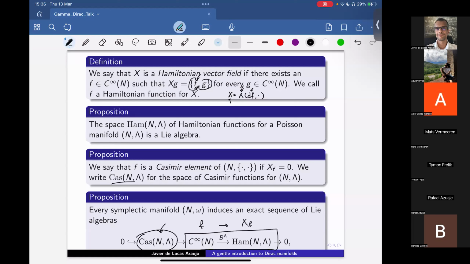Before we had here R: when the Poisson structure comes from a symplectic manifold, R appears here, and when not, you have this more general thing.